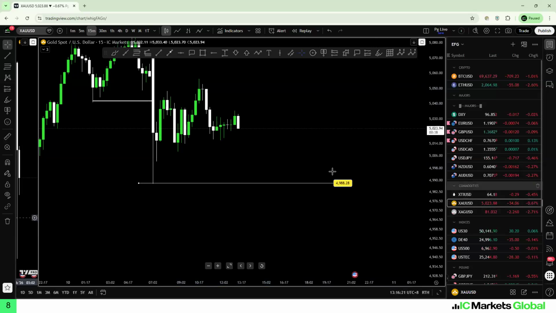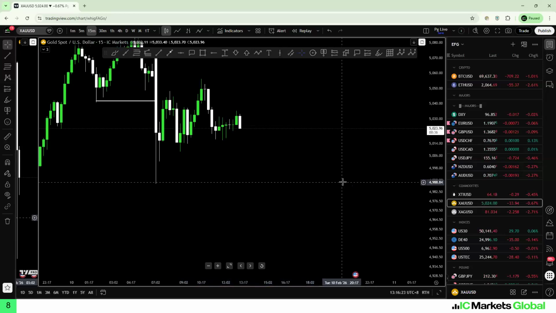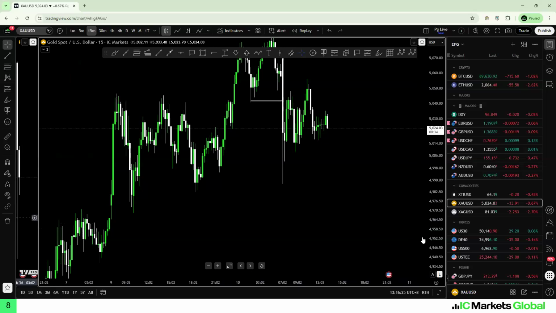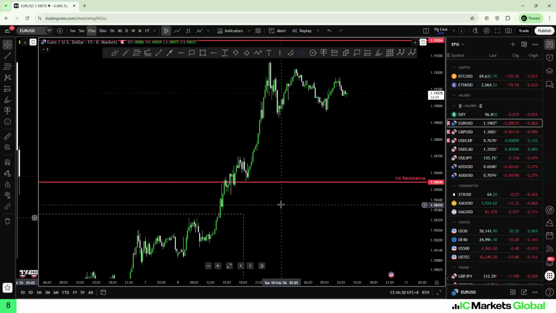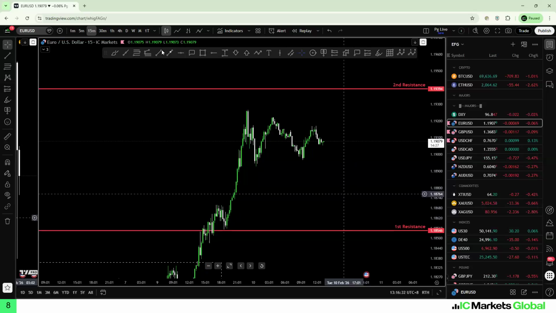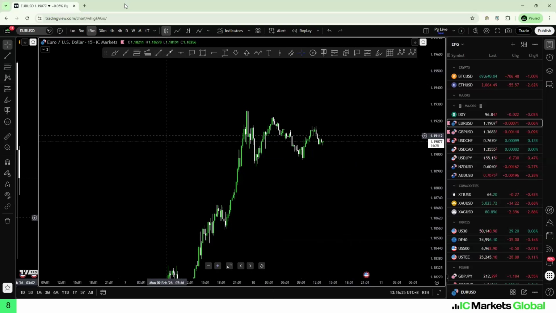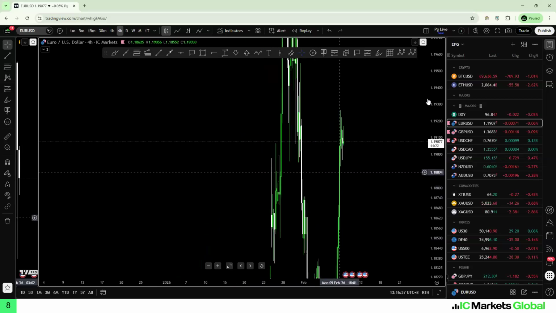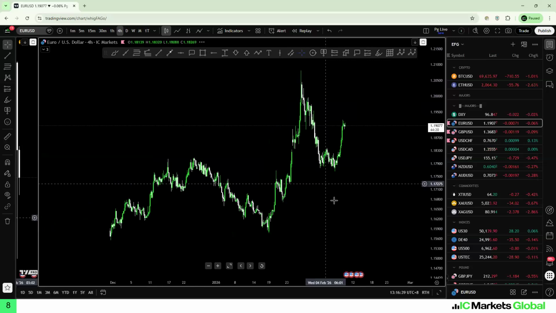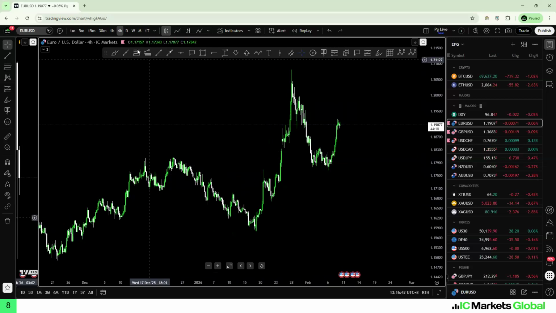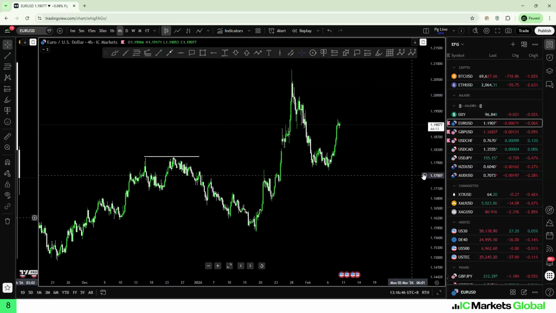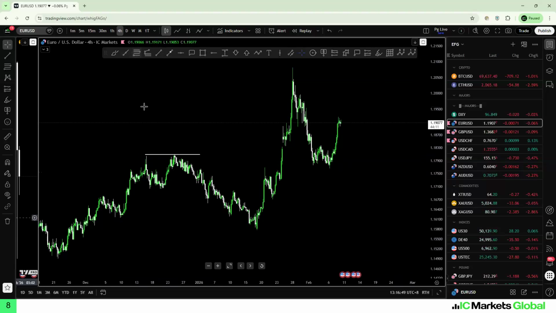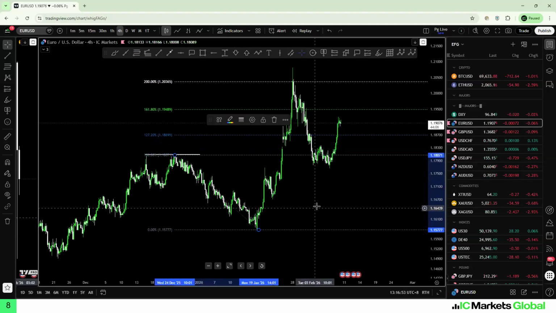No, we're not going to look at gold. We're going to look at EURUSD first. I'm going to go to the right here. For example, whenever price closes above this recent high, you're going to use the Fibonacci extension from this high to this swing low.